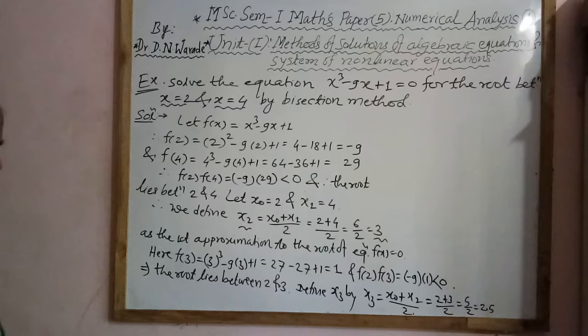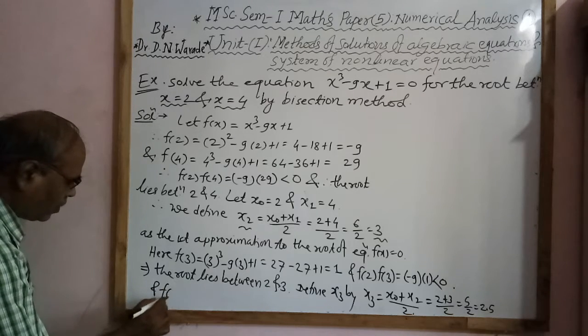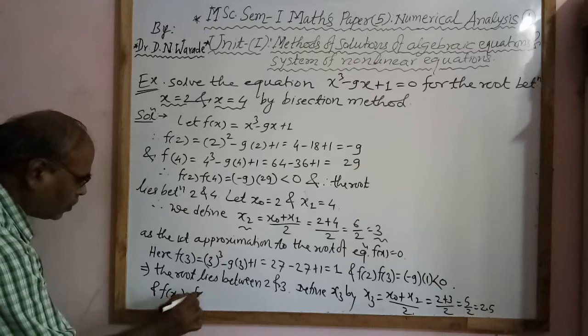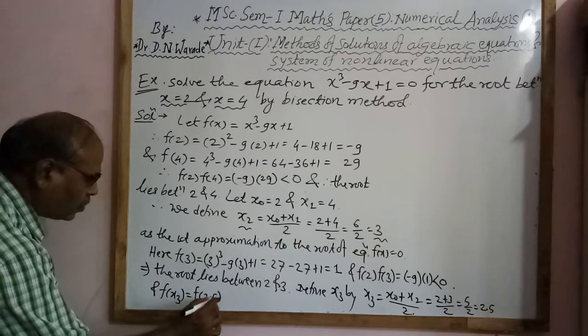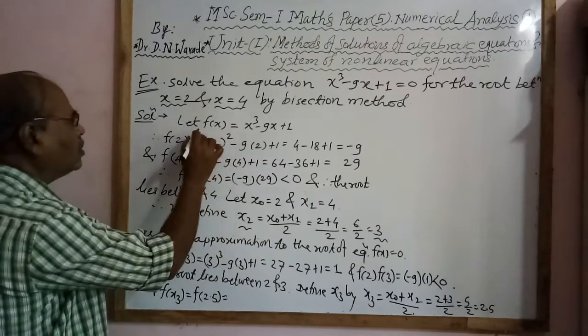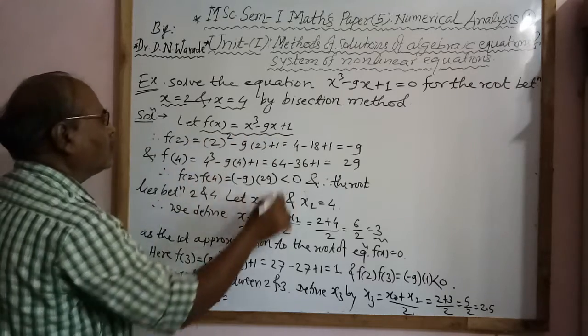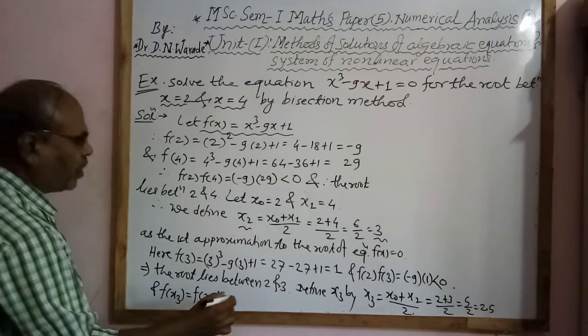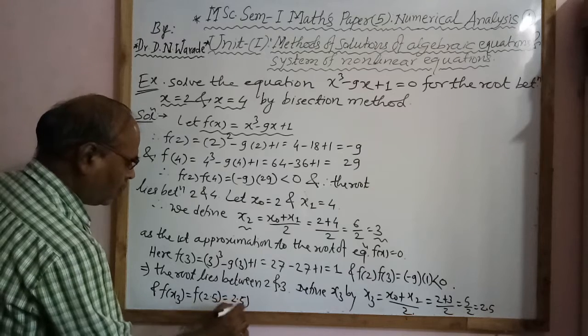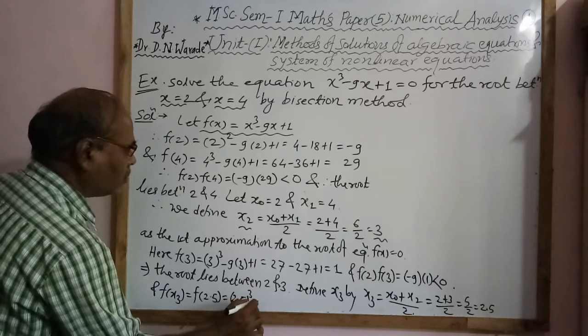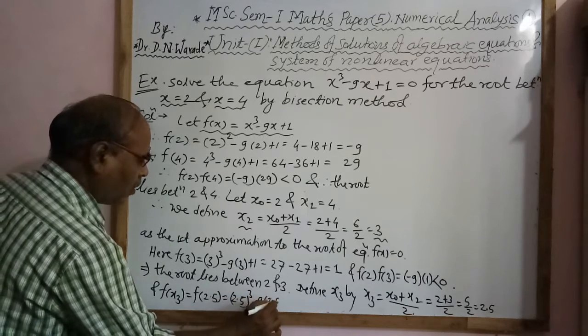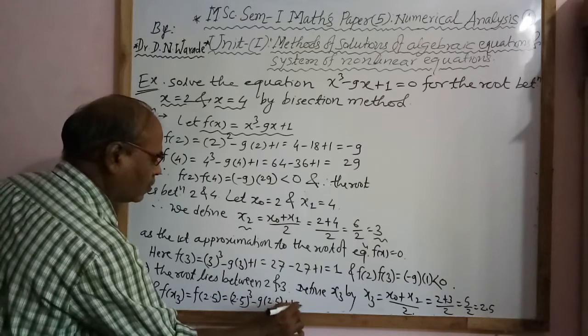And f of x3 equal to f of 2.5. Put x equal to 2.5 in f of x: 2.5 cube minus 9 into 2.5 plus 1.